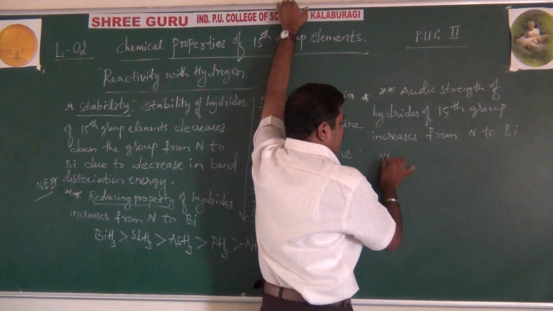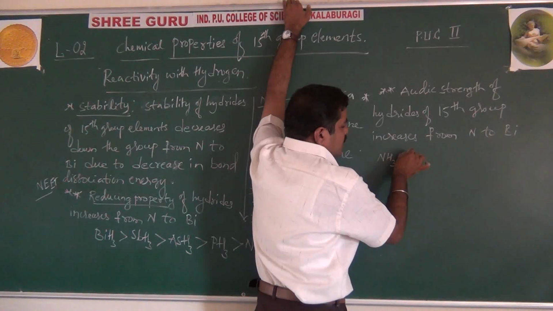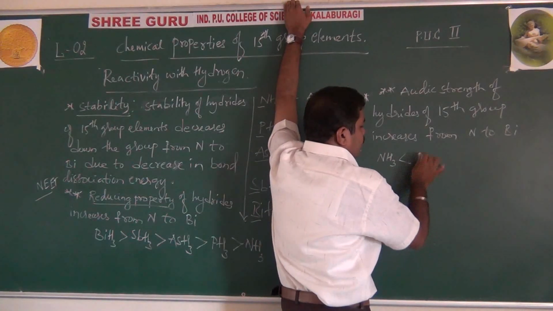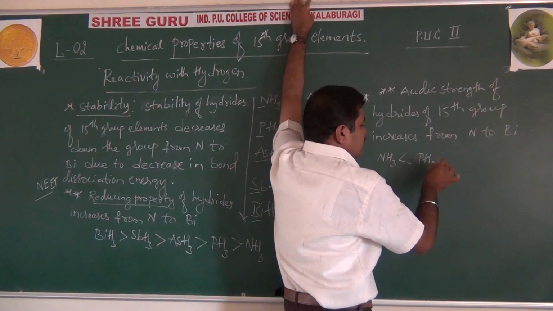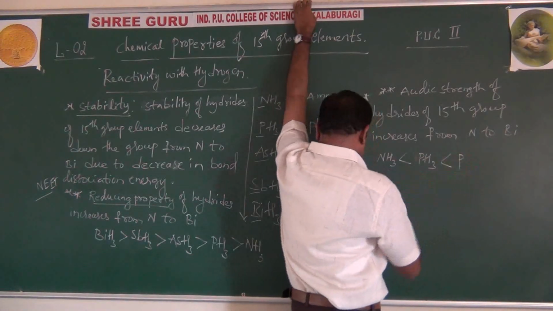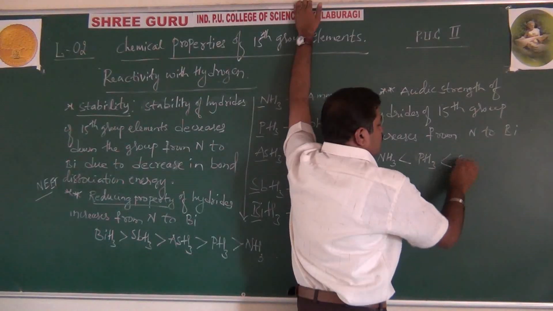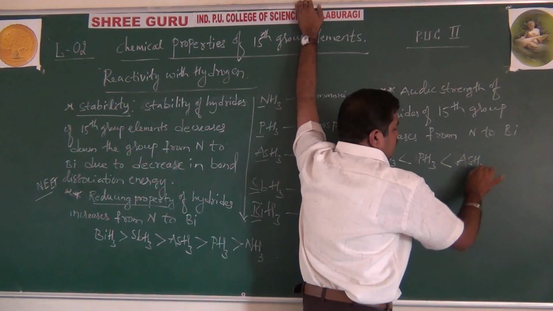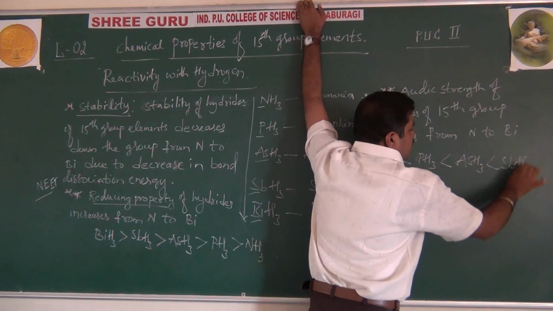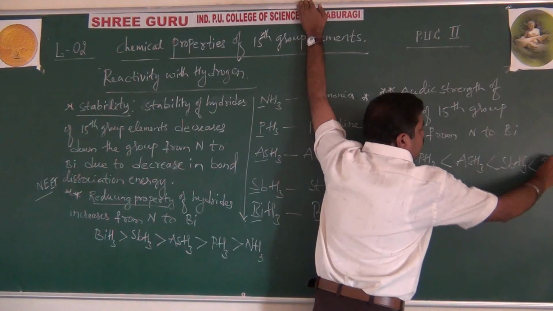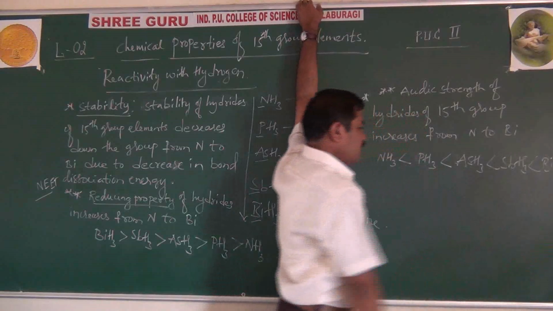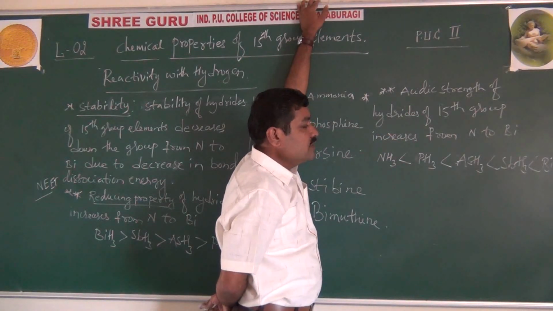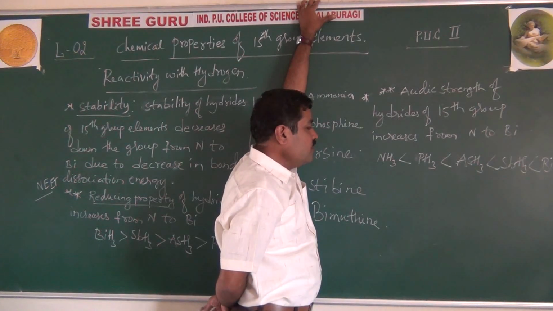That means ammonia is less acidic than phosphine. Phosphine is less acidic than arsine, stibine, then bismuthine. This is the increasing acidic character. Which is more acidic? Bismuthine is more acidic. Okay? Correct. But ammonia is less.